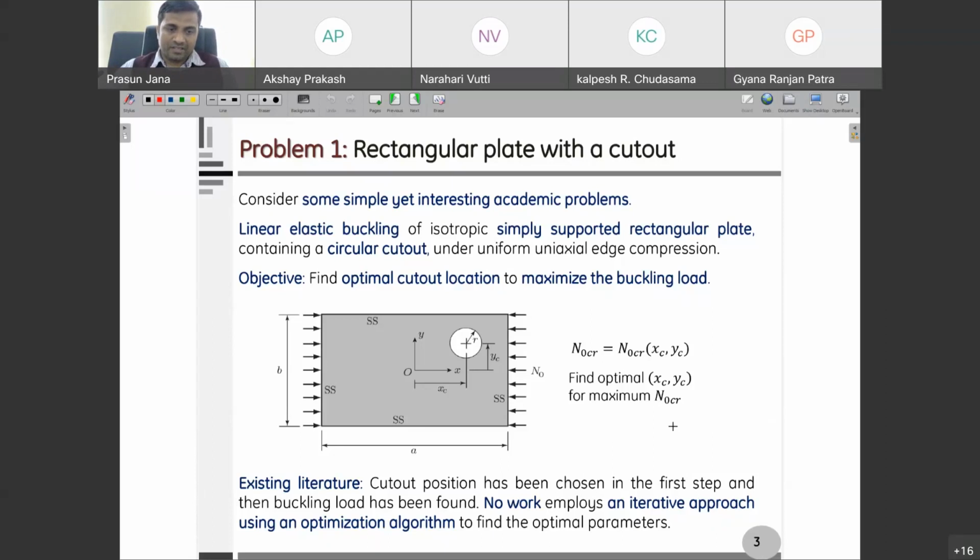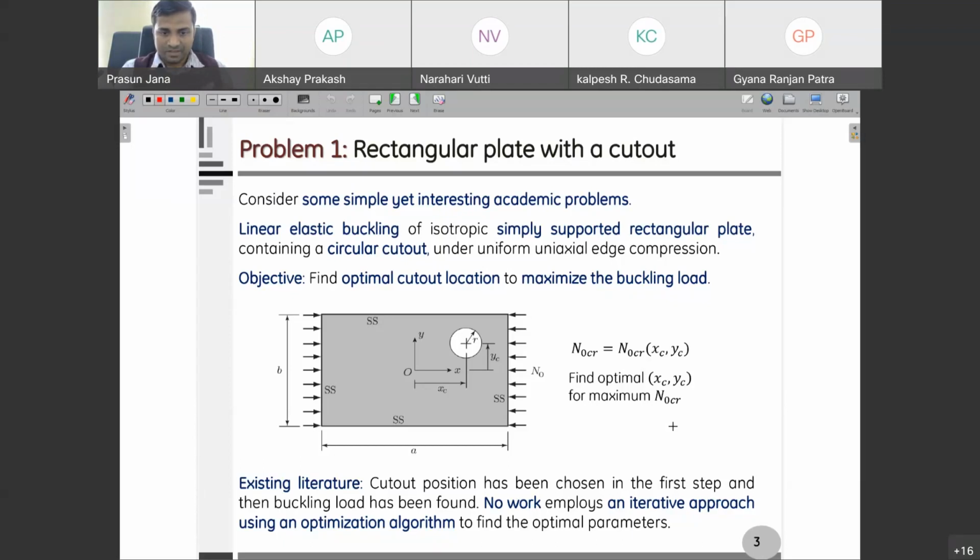Ansys has been used for the finite element study, and I will couple the optimization scheme available in Matlab to this finite element simulation in Ansys. It's a kind of co-simulation. They will talk to each other.